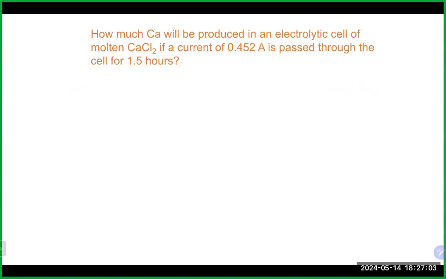Now, if we have this electrolysis cell, we want to know how much calcium we would produce if we ran a cell with calcium chloride, if a current of 0.452 amperes is passed through the cell for 1.5 hours. Remember, we're starting with the calcium chloride, and we are going to break it into calcium and some chlorine gas.